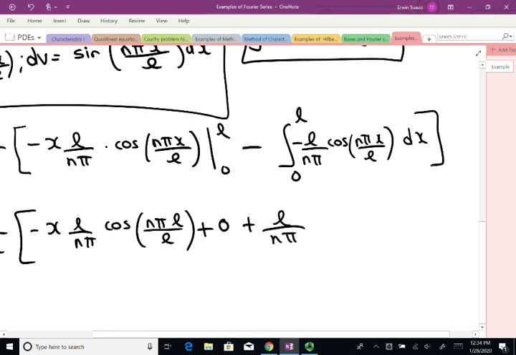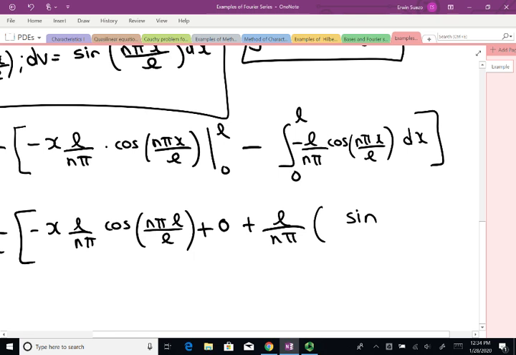So what is the antiderivative or integral between 0 and L of cosine n pi x over L? We can also do it in our head, right? So we got minus sine, in this case sine, right? The derivative of sine is cosine, so minus and minus is plus, so it's possible that I make a mistake.